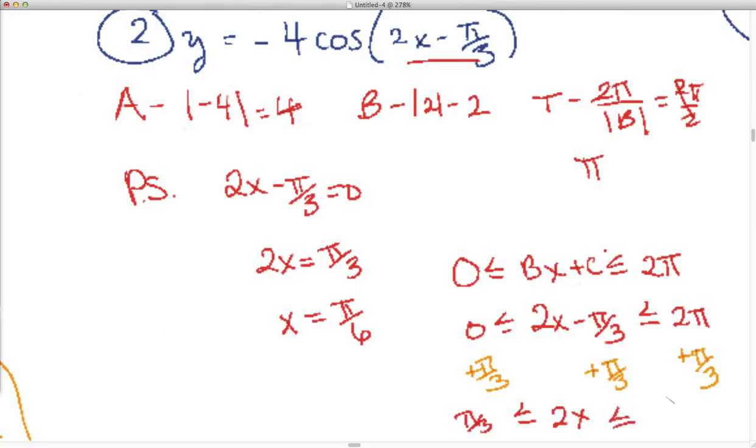And then if you go off to the side and do your 2 pi over 1 plus pi over 3, the common denominator is 3. So I multiplied 1 by 3 to get 3. So 2 pi is 6 pi over 3, plus pi over 3 is 7 pi over 3. Okay.